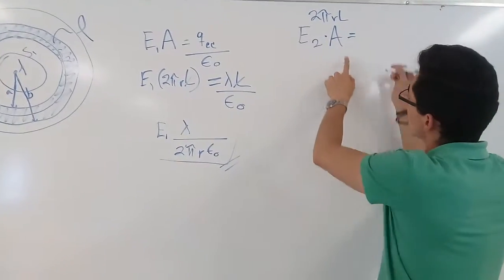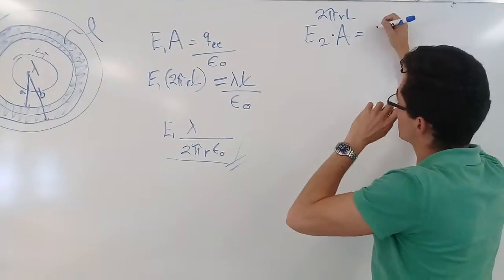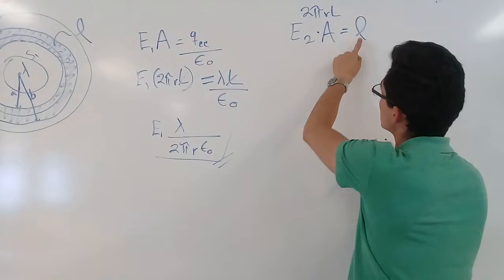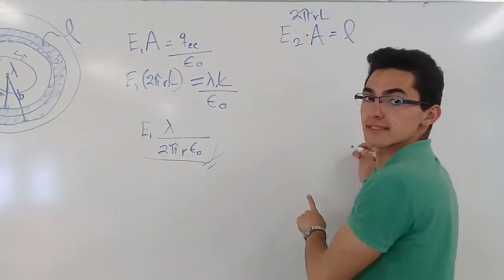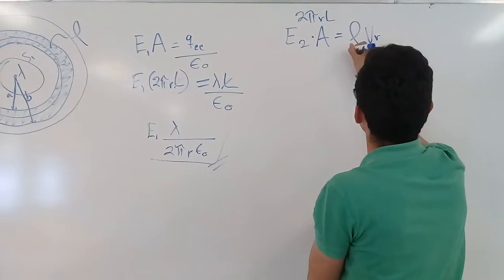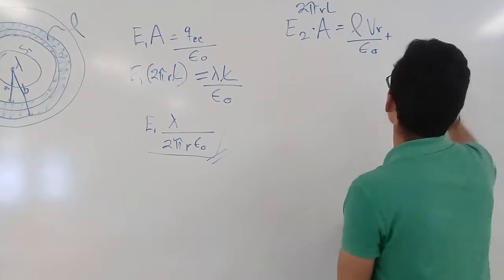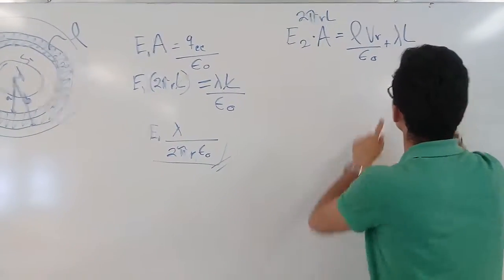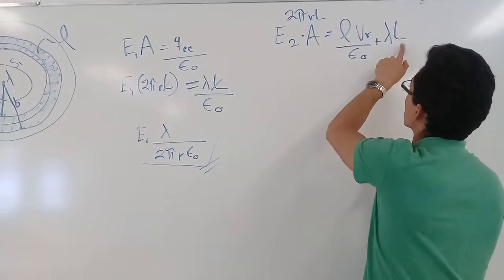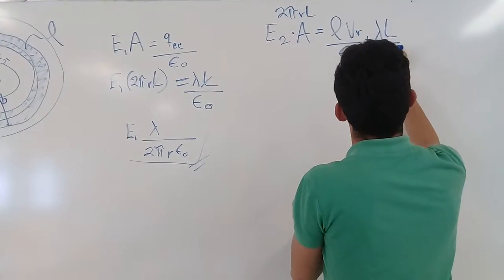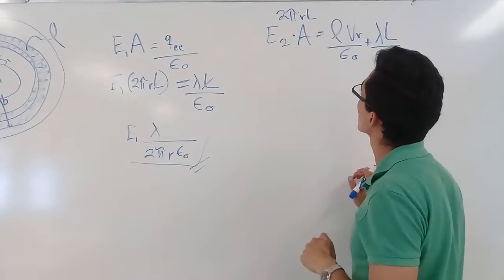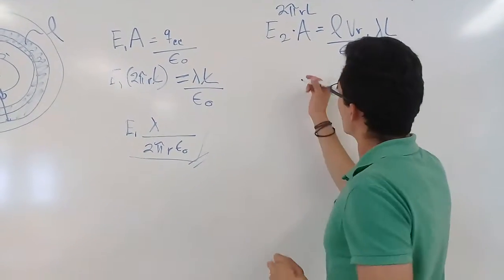So we will have to obtain first our density for the cylinder part times our volume divided by our constant, plus the linear density of the axis times the length of the cylinder divided by our constant.